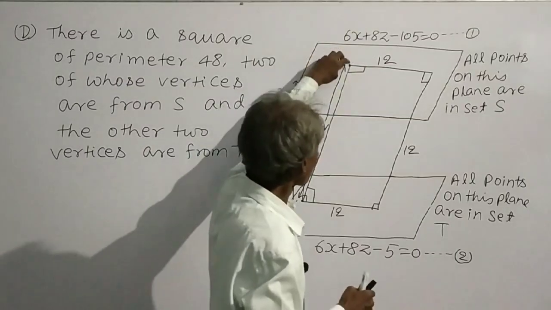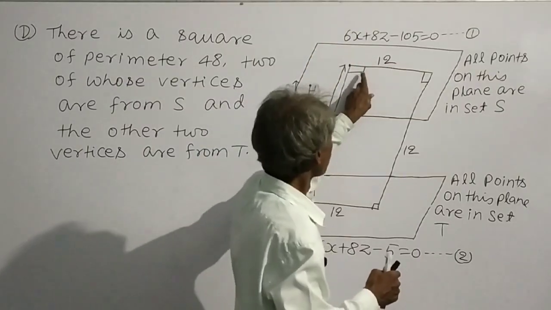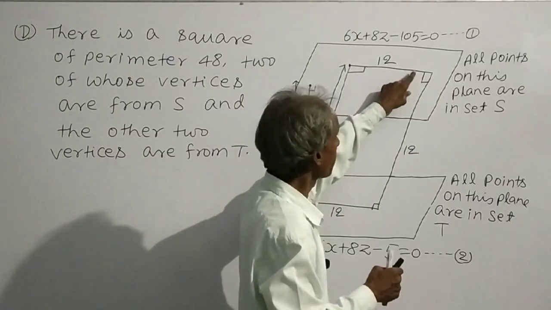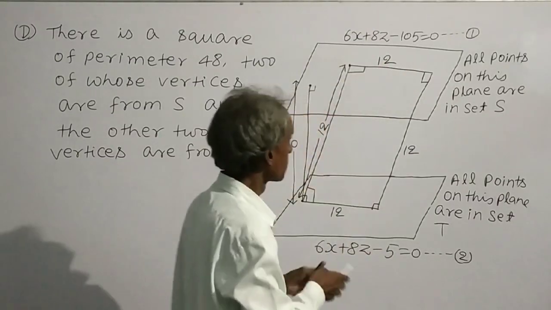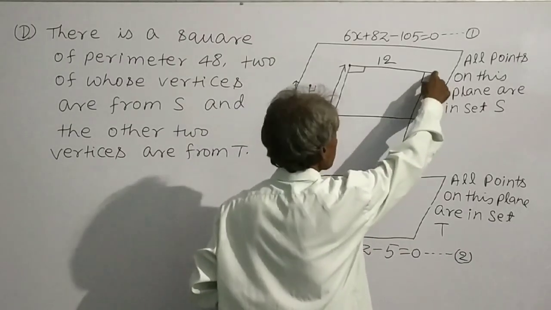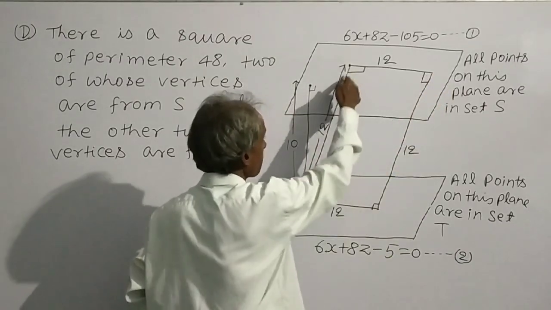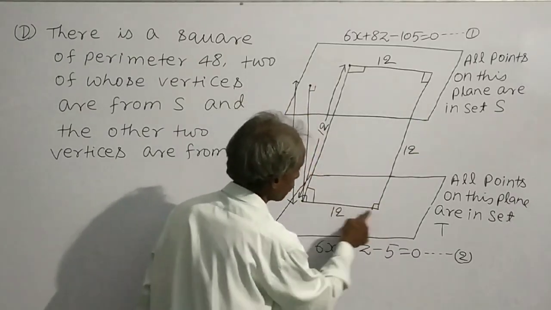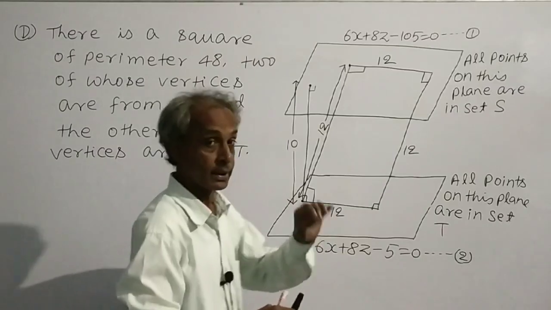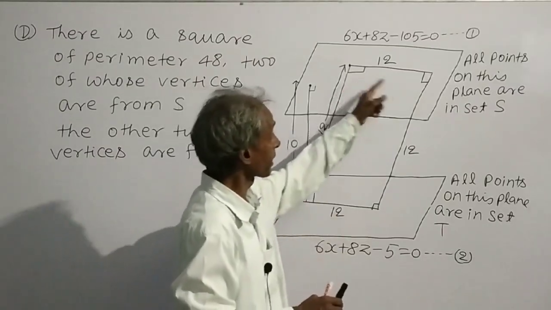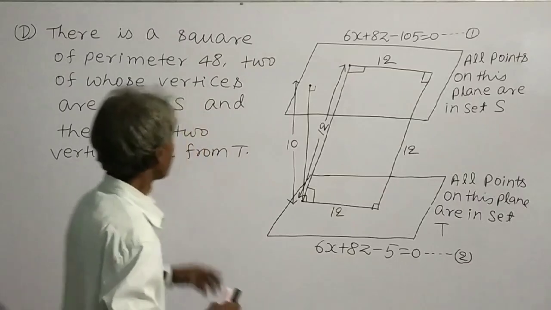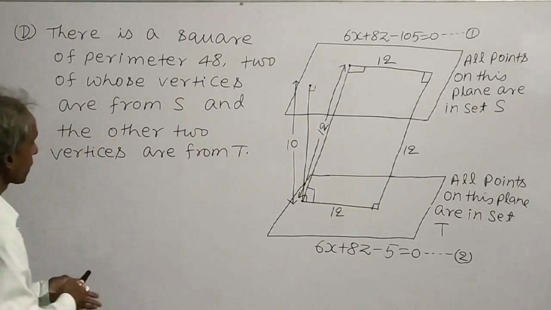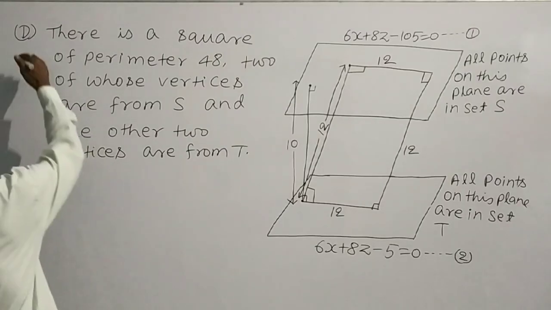We draw a line segment along this perpendicular line of 12 units, and from this point we draw a line which is parallel to this line, and now join these 2 points. Thus we get a square whose perimeter is 48. Therefore, this option is also correct.